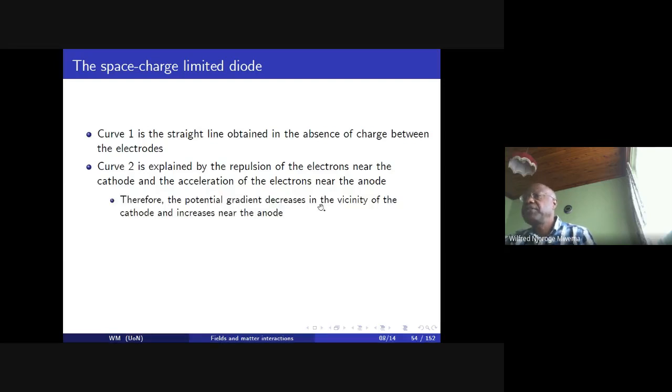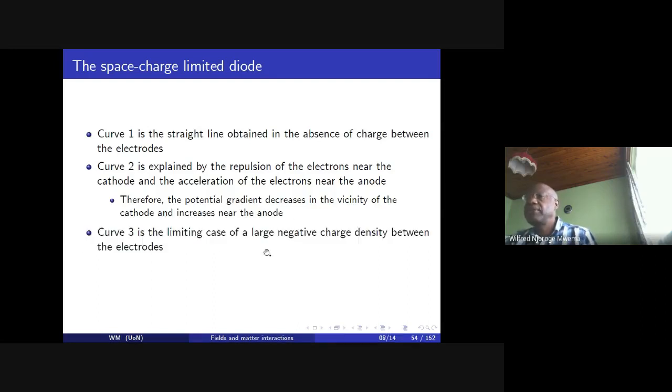Therefore, the potential gradient will decrease in the vicinity of the cathode and will increase near the anode. Curve 3 is what we call the limiting case, when the negative charge density is very high. That is, the anode voltage is not sufficient to extract all the electrons from the cathode quickly.